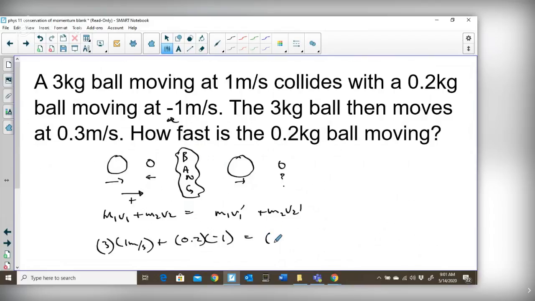And then after the fact, we have our 3 kilograms times 0.3 meters per second, added onto it our 0.2 kilograms times our V2 prime. So we're looking for this V2 prime.